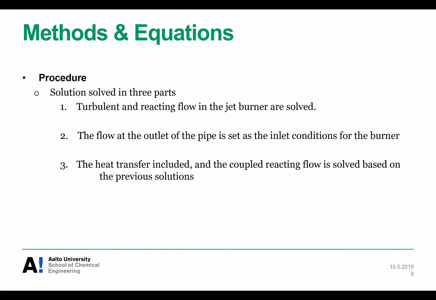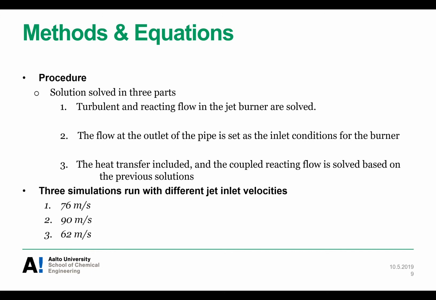Then the heat transfer is included, and then the coupled reactant flow is solved based on the previous solution. And the 3 simulations were run with different jet velocity, and these jet velocities are presented below. So there's 76, which is the default found in the COMSOL application library, and then we varied to 90 to see how it behaves in a higher inlet velocity, and then 62.